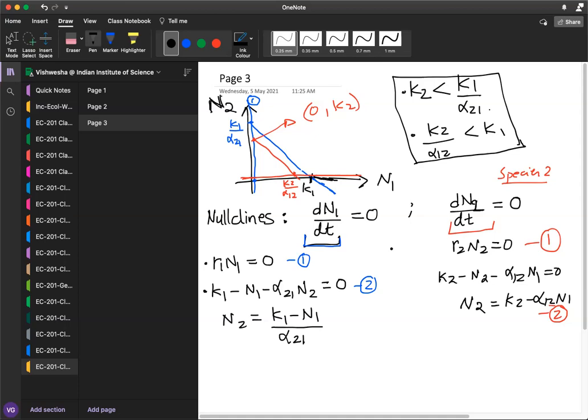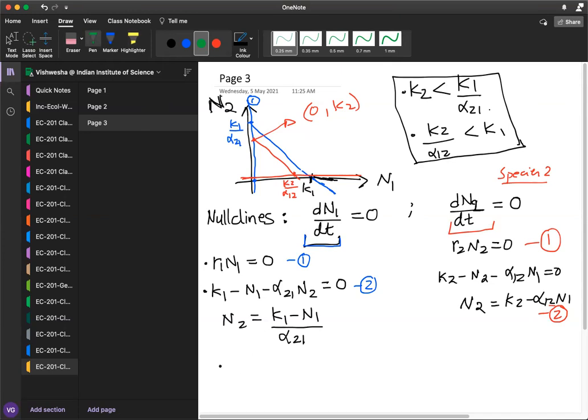So everyone seems fine. Now from these graphs, how do you find equilibrium? Wherever the red and blue lines meet, that means the null lines of N1 and N2 are meeting. Whenever both null lines meet, that's precisely the point when the growth rates of both species are 0. Therefore, to find the equilibrium on this graph, we must look at the intersection of null lines.